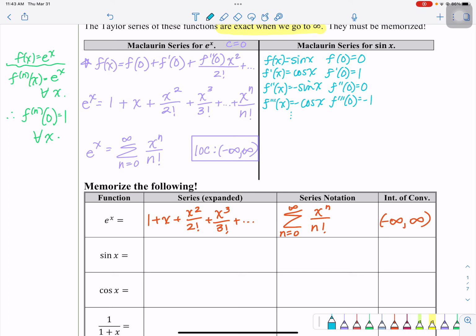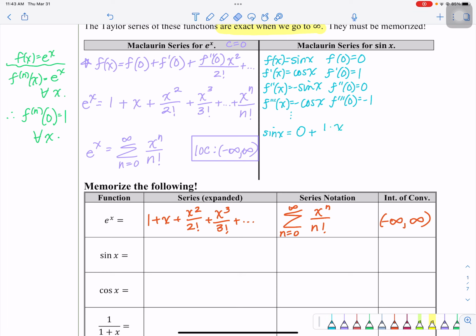So coming up with these terms, we can now say that the sine of x is equal to 0 plus, and now we have the first derivative evaluated at 0, which is 1, times x.